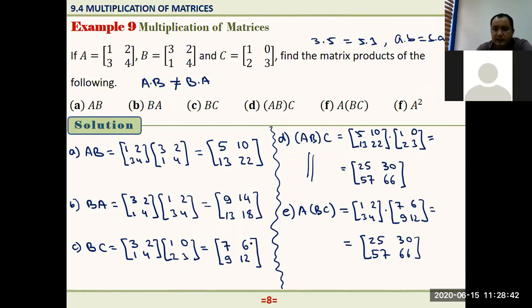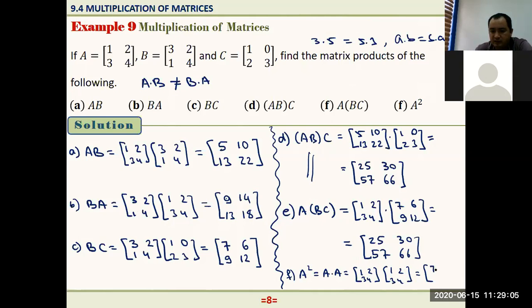Okay. And F, A squared. What is A squared? A squared is A times A, which is equal to 1, 2, 3, 4, and 1, 2, 3, 4. That is equal to 1 times 1, it is 1, 2 times 3, 6.